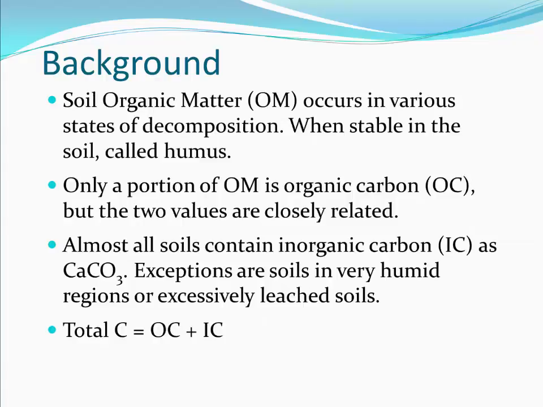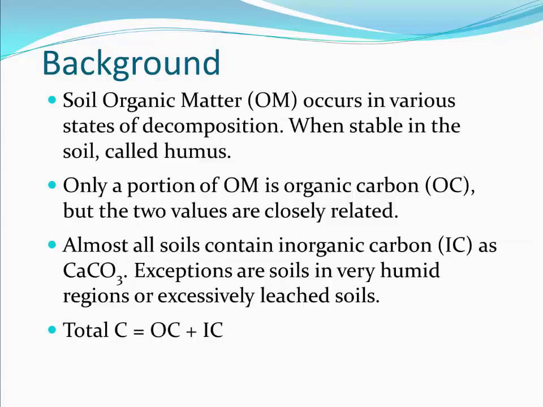Only a portion of organic matter is actually carbon, but the two values are closely related: organic carbon and organic matter. Almost all soils also contain inorganic carbon, and typically that's found as calcium carbonate, and this is more common out west than it is here in the eastern United States.